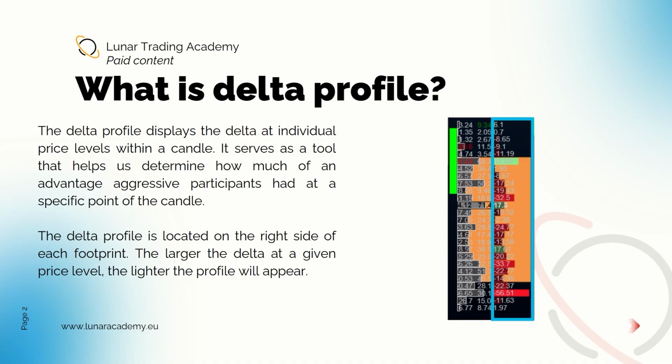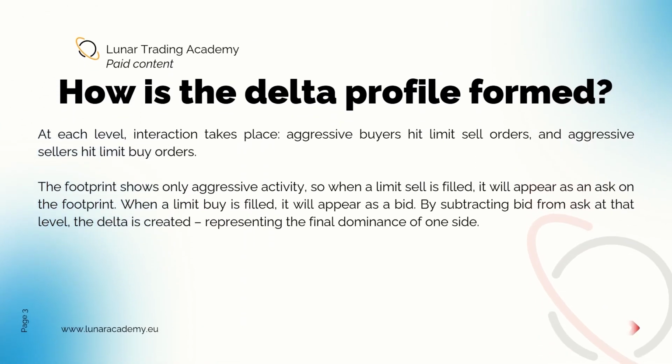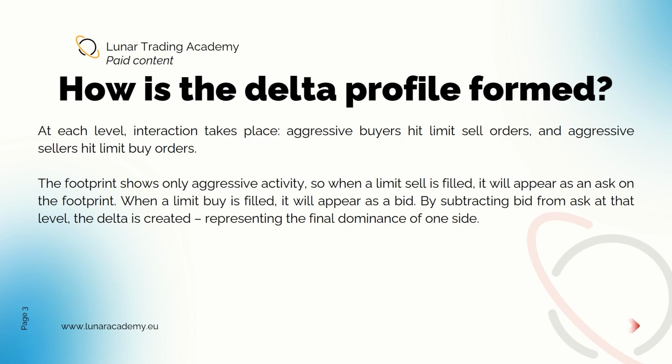So for example, if there is a huge positive delta at a specific price level, the profile at that level will be green with a bright color. When sellers dominate a certain price level, the delta will be negative. The stronger the dominance, the lighter red the profile will appear. So, thanks to the delta profile, you know exactly which part of the candle showed the greatest aggression and from which side it came.